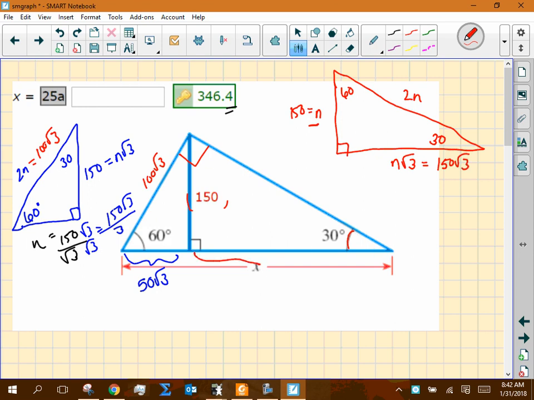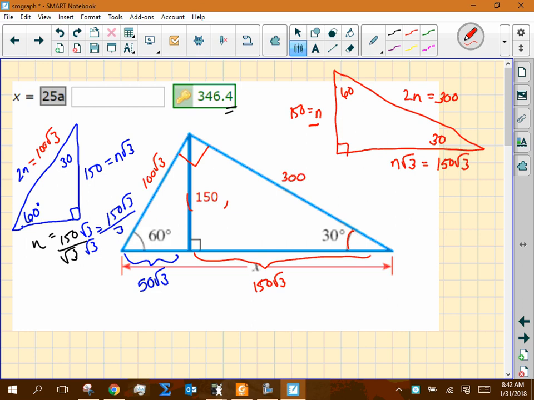So that distance, 150 root 3. Okay, and this side here, now we don't need it, but wouldn't 2n be 300? So this thing would be 300.